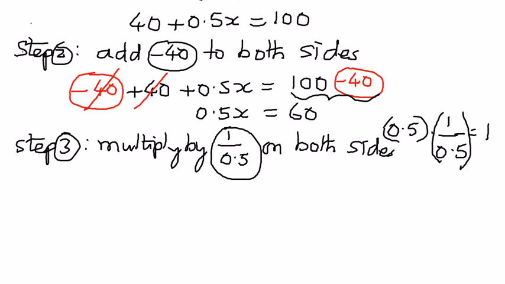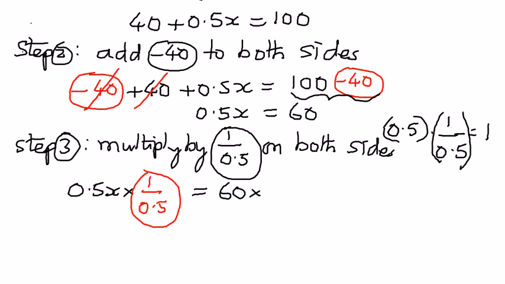And when we do that, this is what we're going to achieve: 0.5x times 1 over 0.5, that is what we are multiplying on both sides, is equal to 60 times 1 over 0.5.